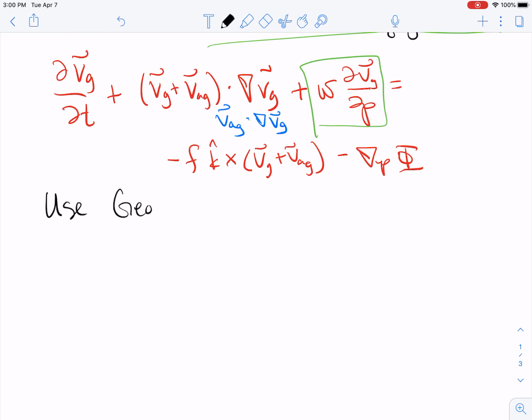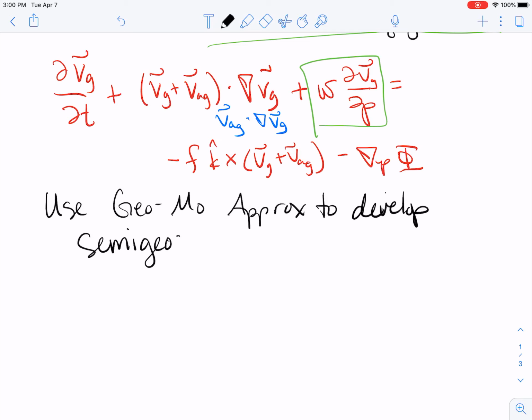So use the geostrophic momentum approximation to develop semi-geostrophic theory.